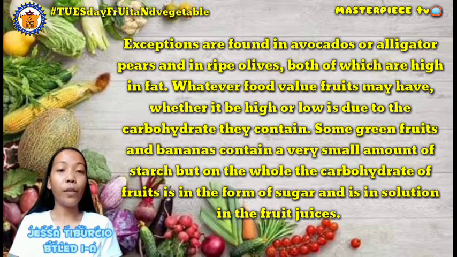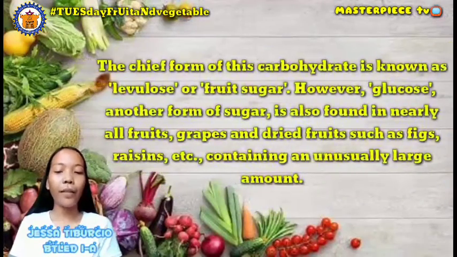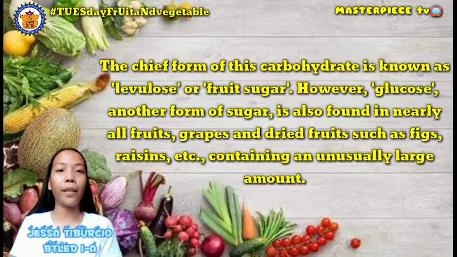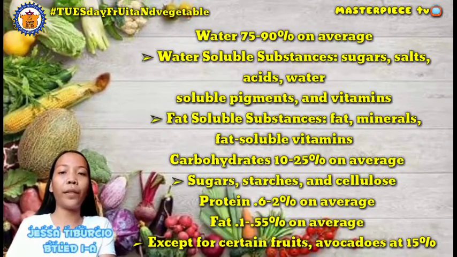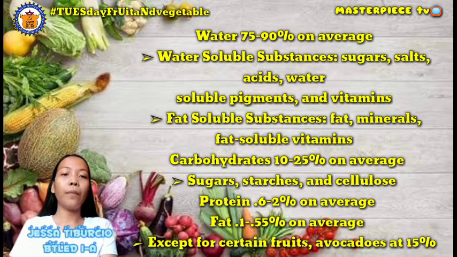All fruits are rich in vitamins, and even though they differ in the vitamins they provide, their composition is still very important. Water, 75 to 90% on average. Water-soluble substances: sugar, salt, acid, water-soluble pigment, and vitamins.